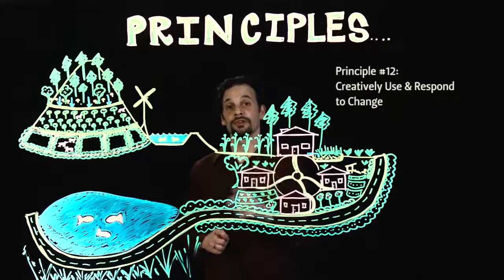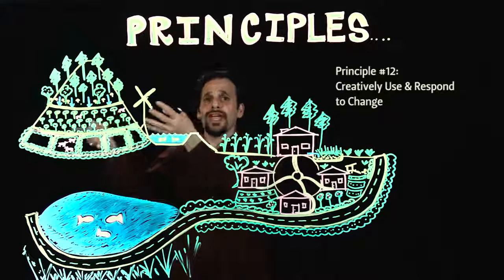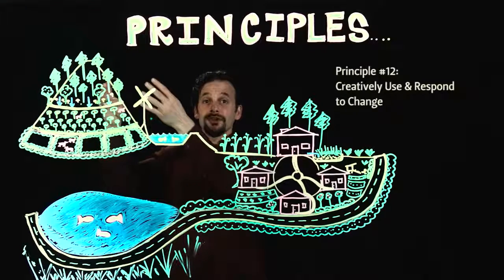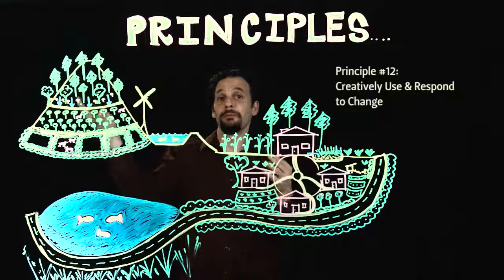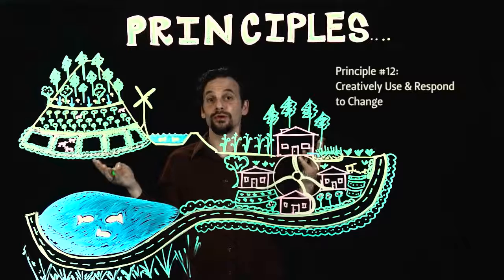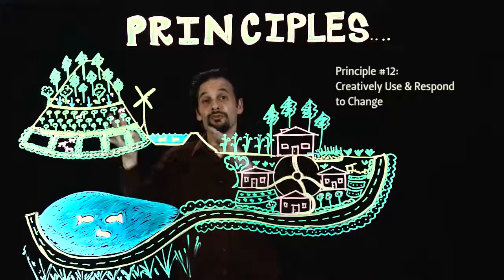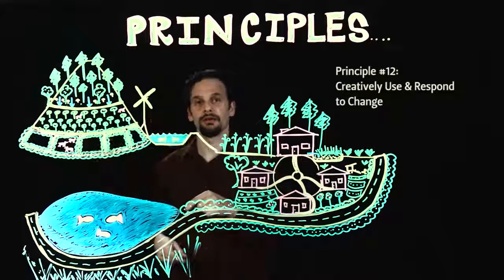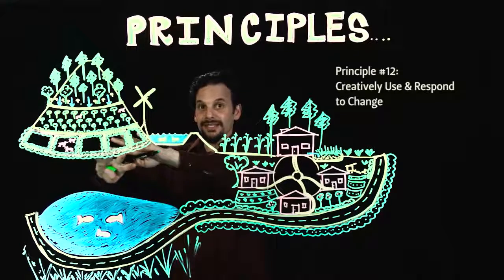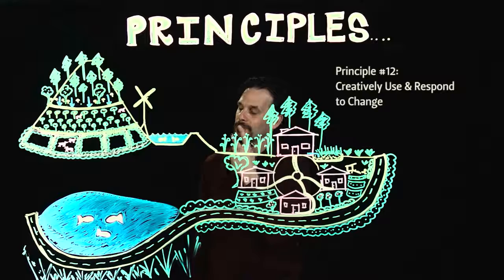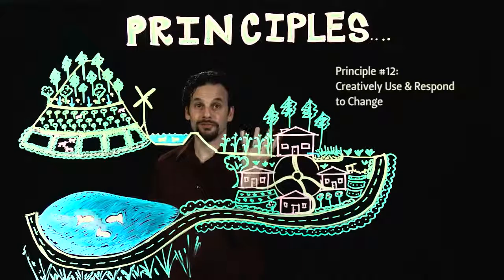Principle 12 is creatively use and respond to change. I noticed that with the orchards and hedgerows growing in, the forest soils growing spongier from the mushroom inoculation, and the soils building from the animal rotation, water has begun to move much more slowly down the hillside. So much so that this area at the bottom of the hill is becoming somewhat of a marsh.